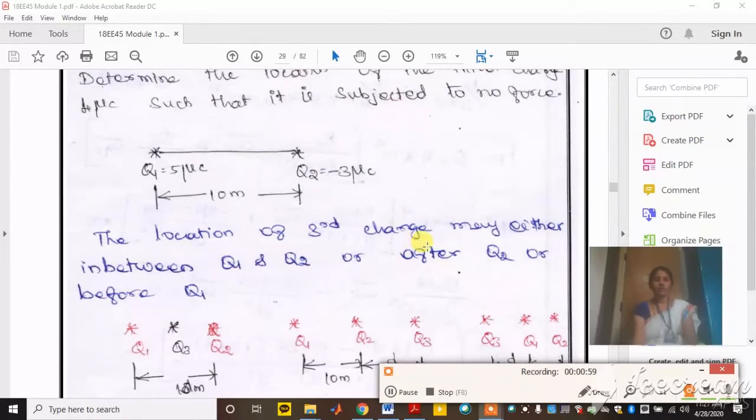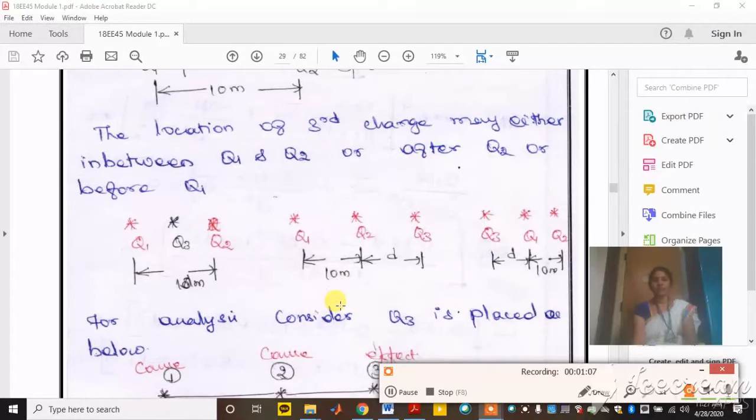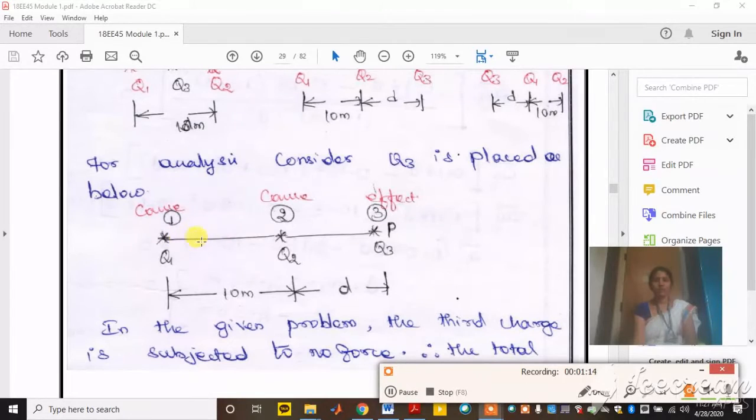For the analysis, I will consider Q3 placed after Q2, and this is how I'm going to place the charge to identify the location of my third charge.